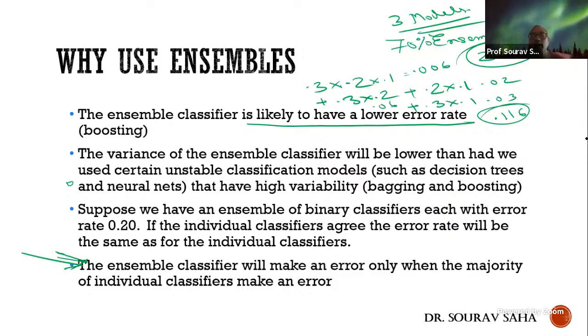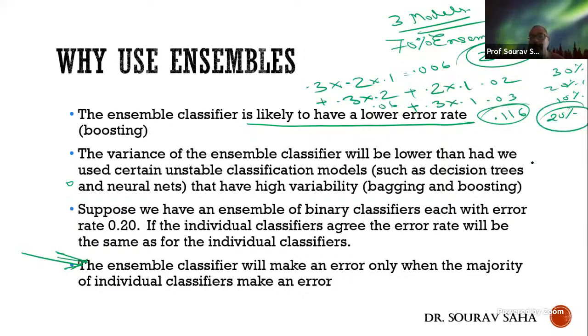So for the performance of the ensemble, you had said that you were just averaging out the error rate. The average of the error rates 30%, 20%, and 10% is 60 by 3, which is 20%.